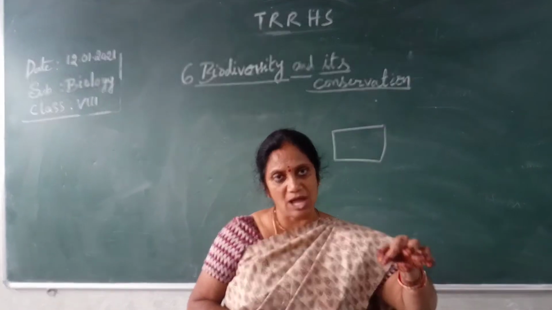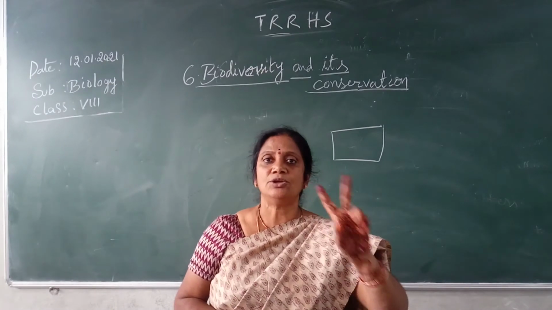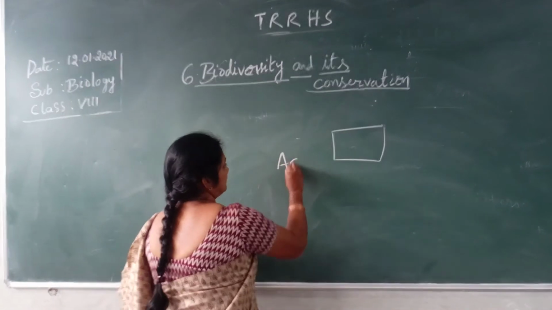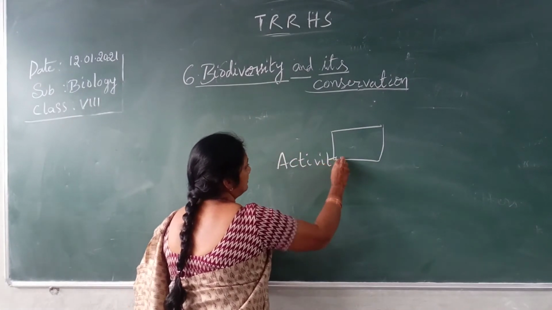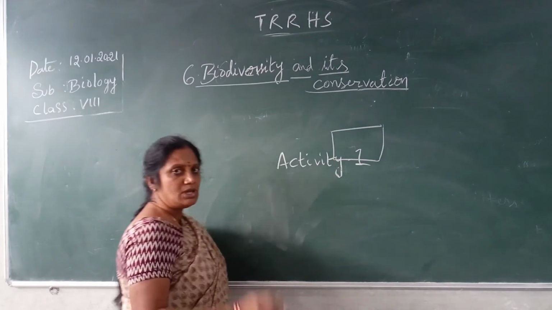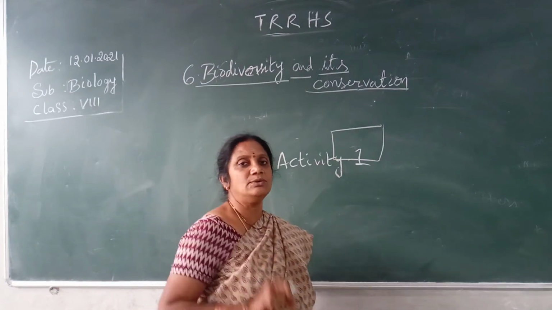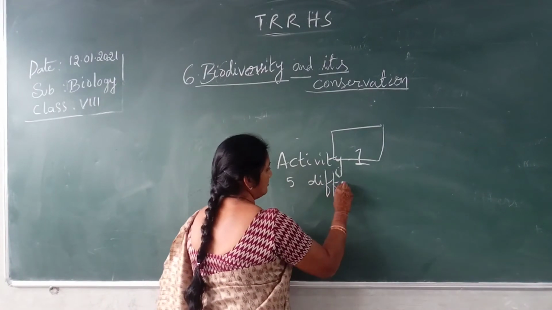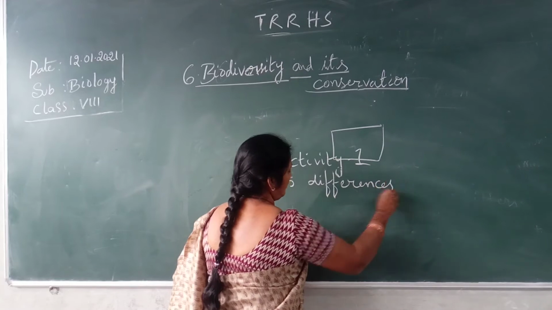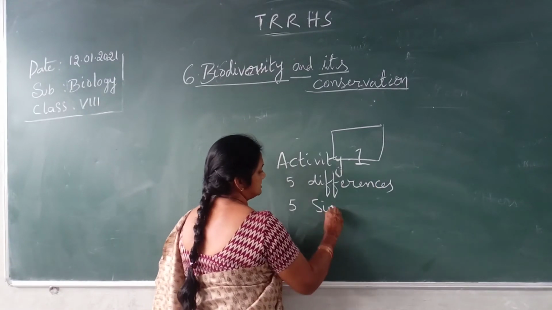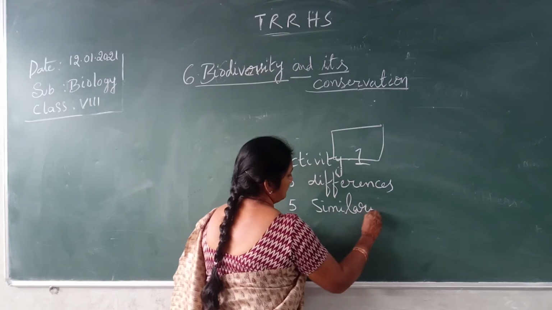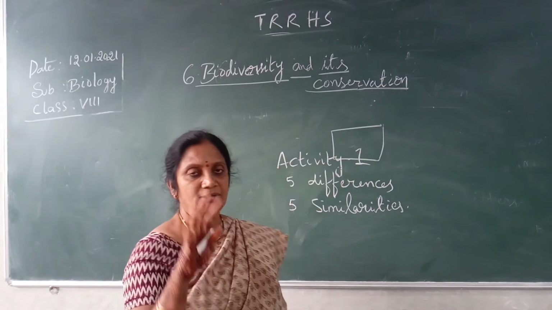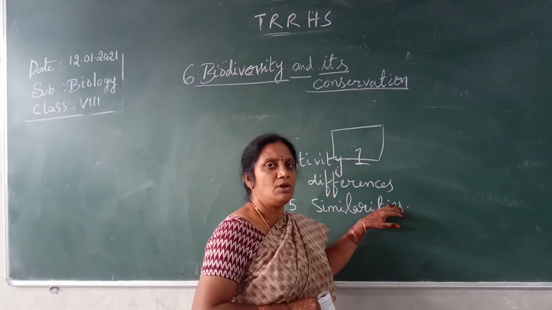Uproot the two plants and observe them. In Activity 1, write any 5 differences and 5 similarities. Both you have to write down.